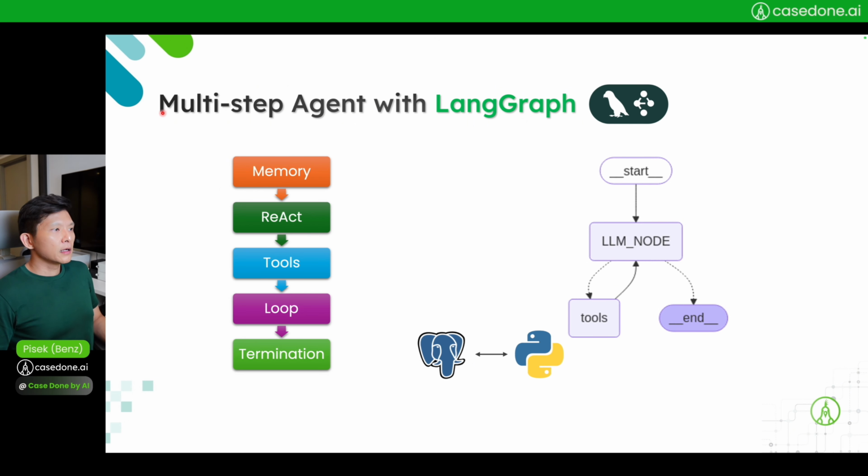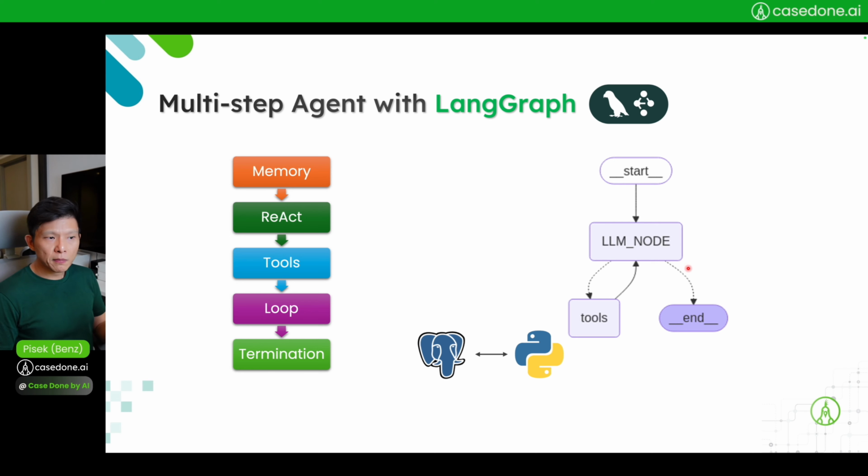All right. The way to do a multi-step agent with LangGraph is actually quite simple. This is just a very tiny graph that actually implements a multi-step agent already. In this graph that you will make with LangGraph, you will have the LLM node, and it's going to give you reasoning power.